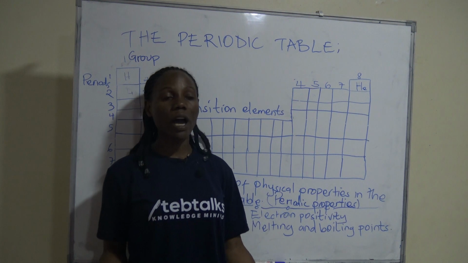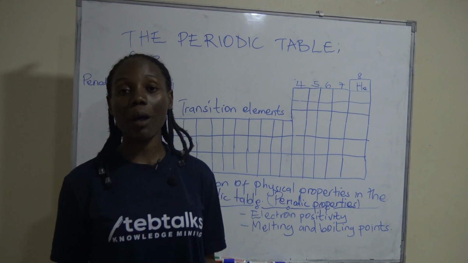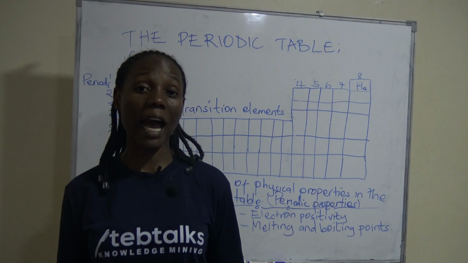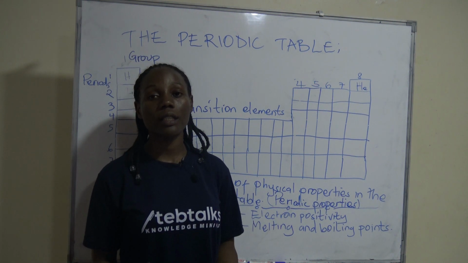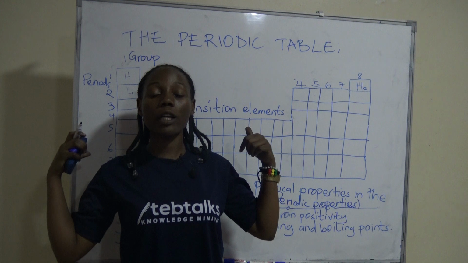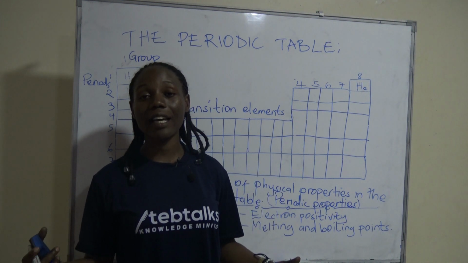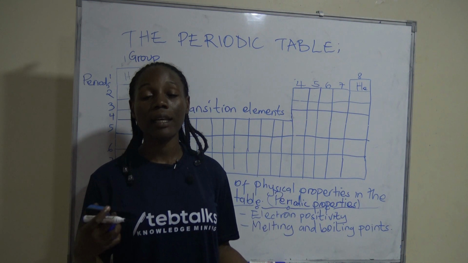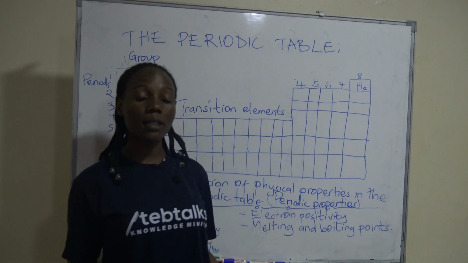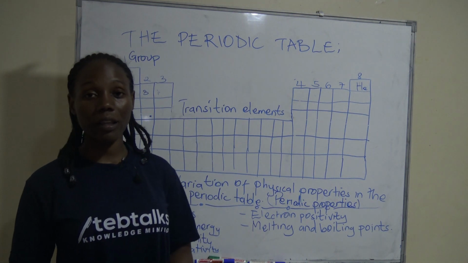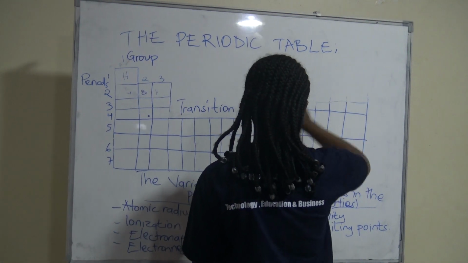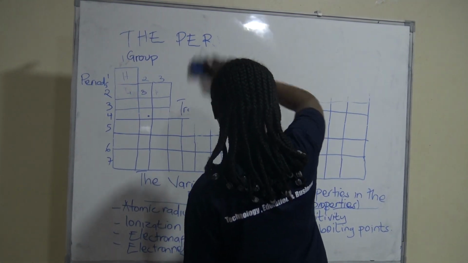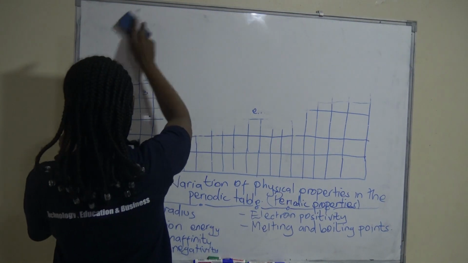Because as we have said, people from different families behave differently and they are affected differently. So the same applies to the periodic table. These periods and the groups are affected by different properties in different ways. So we are going to start with the atomic radius as the first physical property of the periodic table.